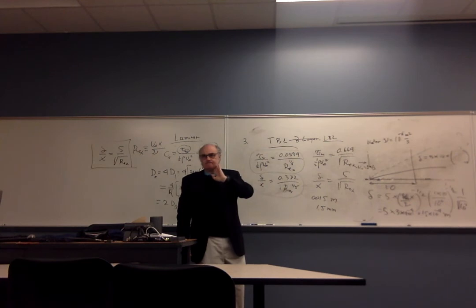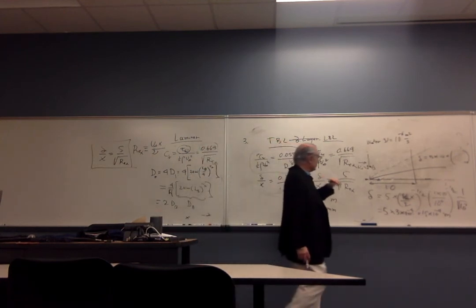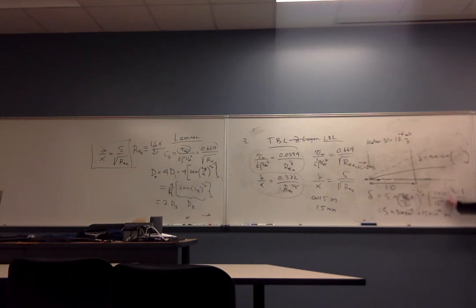How did you get the 1 over root 10 to the 7? It's Reynolds number to the minus a half, right? So U infinity is a meter a second, X is 10 meters, and kinematic viscosity is 10 to the minus 6. So that's 10 to the 7 to the minus a half.